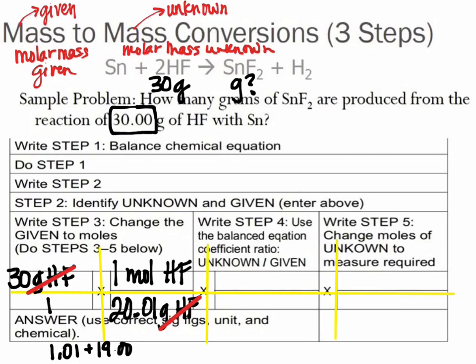So I am in moles of hydrofluoric acid, and my next step says, using the balanced equation, write the coefficient of your unknown over your given. So our unknown coefficient is 1, and that is going to be over 2 moles of HF.